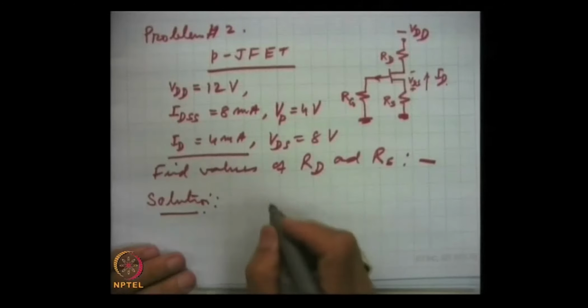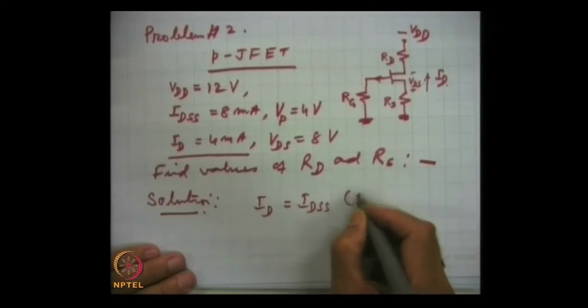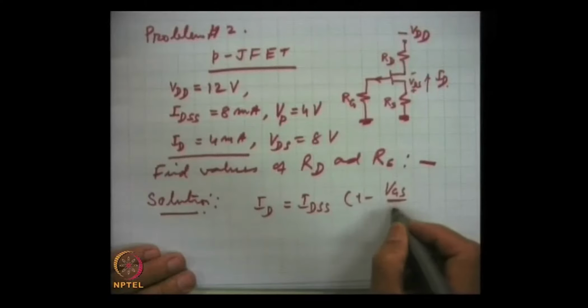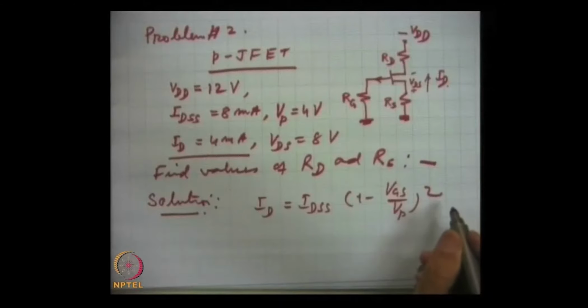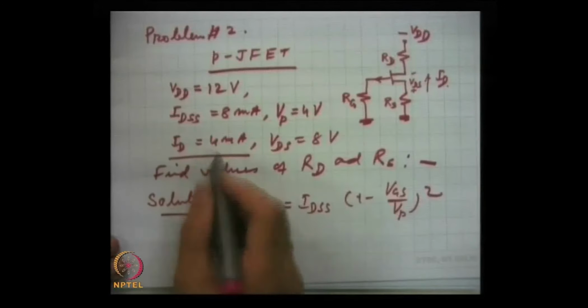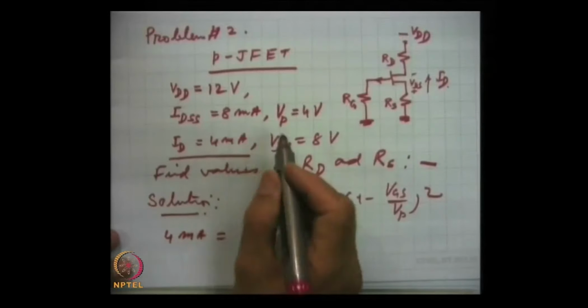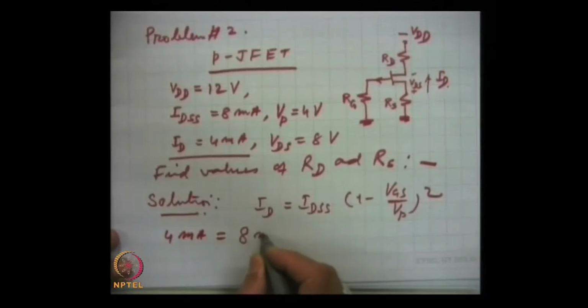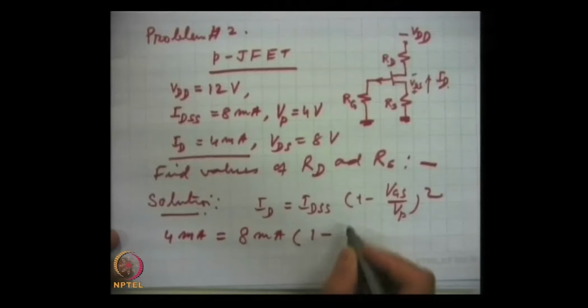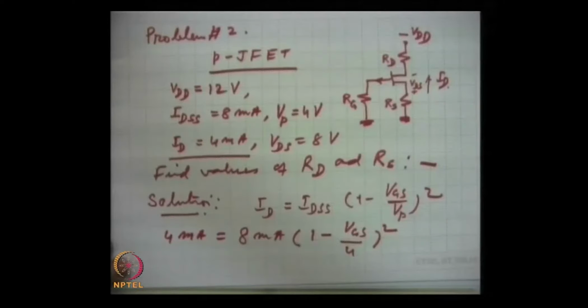we again use the same equation. The drain current is IDSS into 1 minus VGS by VP, squared, and it is given that ID is 4 milliamperes. So, 4 milliamperes, IDSS is 8 milliampere, 1 minus VGS by VP, where VP is 4, and the only unknown is VGS.